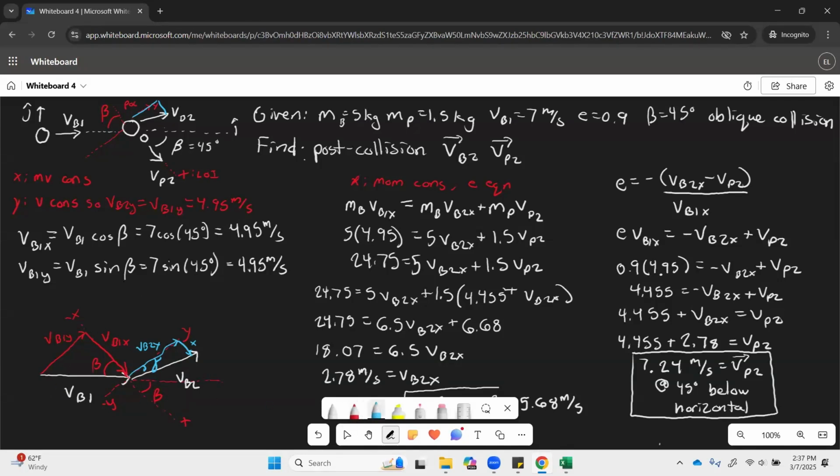So gamma equals the inverse tangent of the x component divided by the y component. So it's different than y over x because, again, this angle is relative to the y-axis and not to the x-axis. So that's why we'll have VB2x over VB2y.